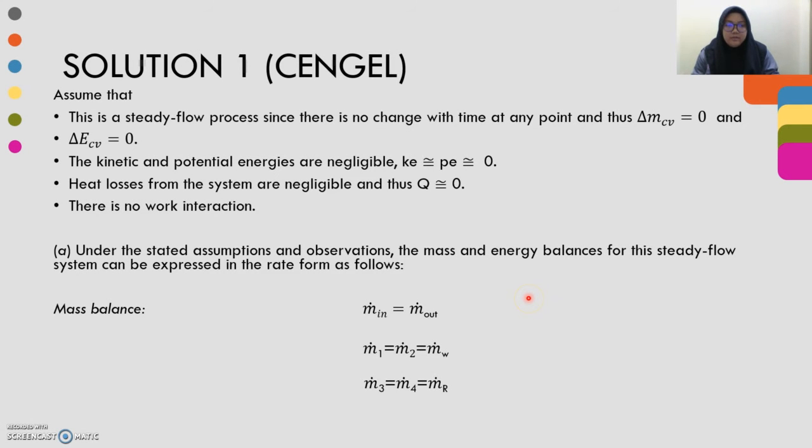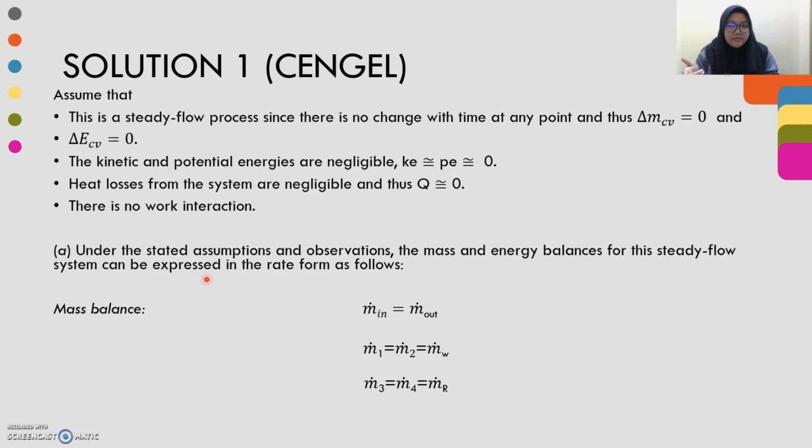So because the question said to neglect any pressure drops, the potential and kinetic energy are equal to 0. Under the stated assumptions and observations, the mass and energy balance for this system can be written like this.